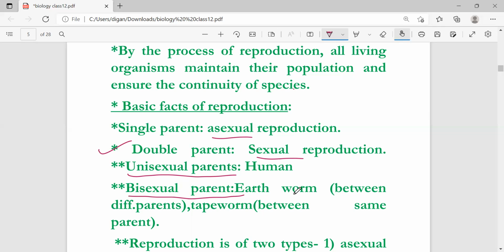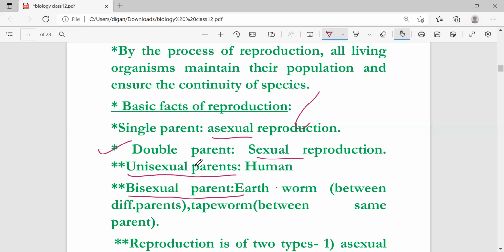For example, the earthworm. In the body of an earthworm, both male organ and female organ are present in the same body. But though the earthworm has both male and female organs, the reproduction still takes place between two earthworms.